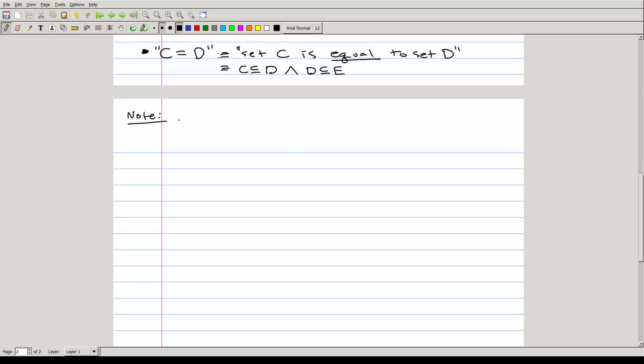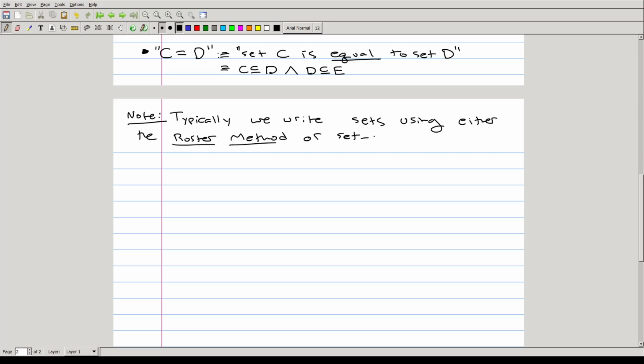Typically we can write sets using either the roster method or set builder notation.